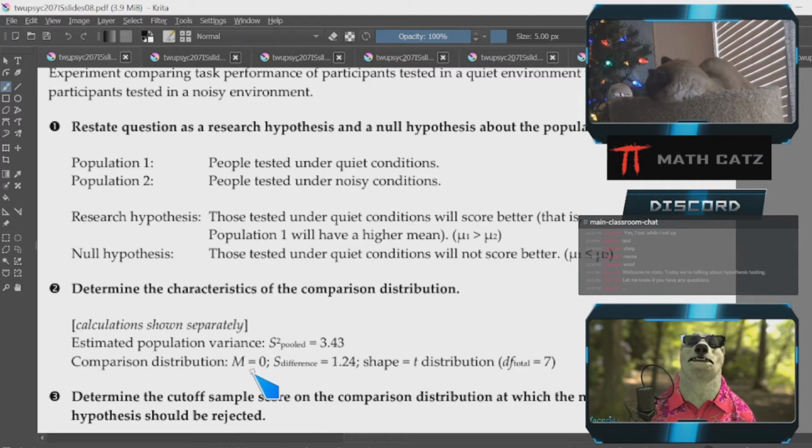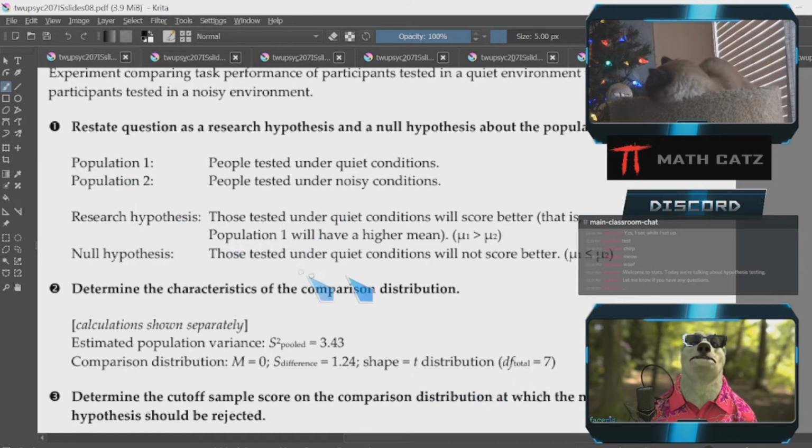So sample, we'll have a mean of 0, and this should really be a mu, whatever. Standard deviation of 1.24. It'll be a t-distribution with total degrees of freedom.